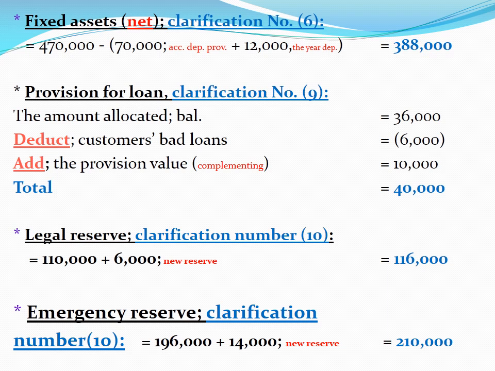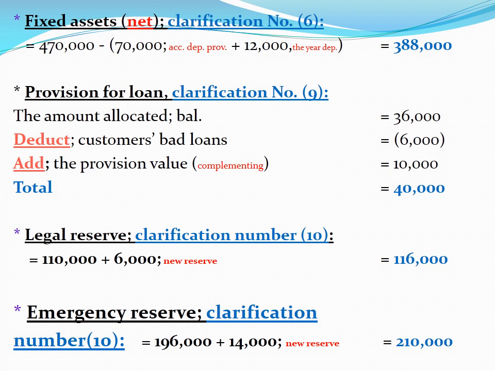The amount of the provision was 36 from last year. If covering the 6,000 of bad loans, the remaining will be 30. The provision needed for this year is 40. As I have a net of 30, I have to increase by 10,000 that appears in the income statement, and the 40,000 as a whole will be deducted from the loans as provision to get net loans.